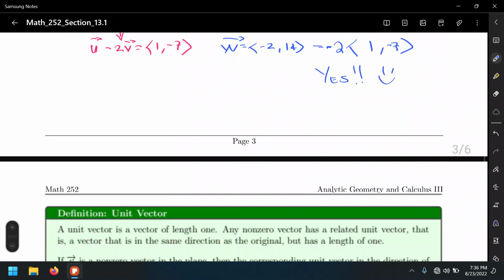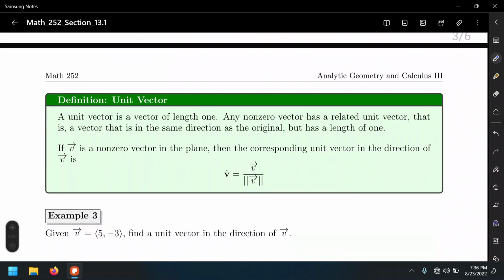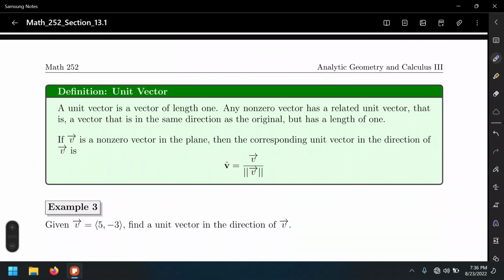Oh, unit vectors. So what's a unit vector? In any system, there's always the unit, for example, the unit for the real numbers is the number 1, or the unit for our currency is $1. So in this case, we're going to find a unit vector, which is a vector whose magnitude is 1 unit.